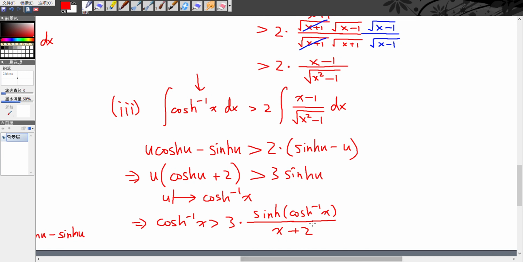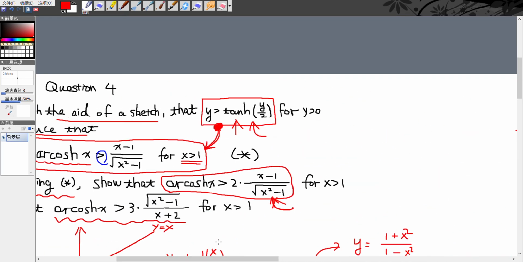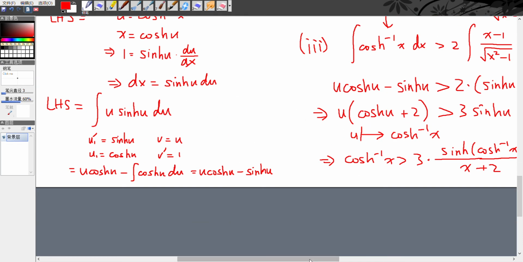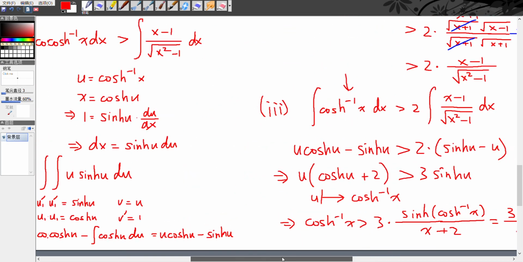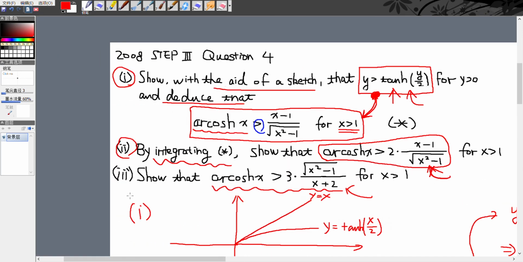And the term on the numerator is just equal to the square root of x squared minus 1 over x plus 2, which is just our result. Okay, so the third question is completed, and this is the end of this video.